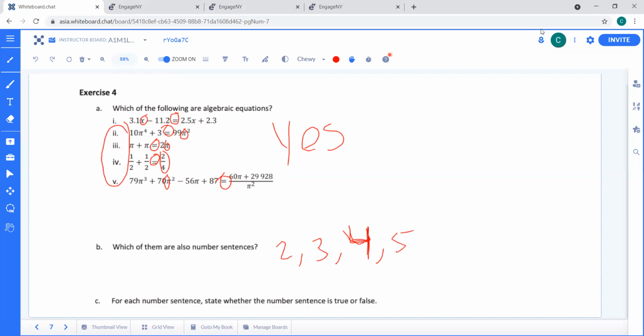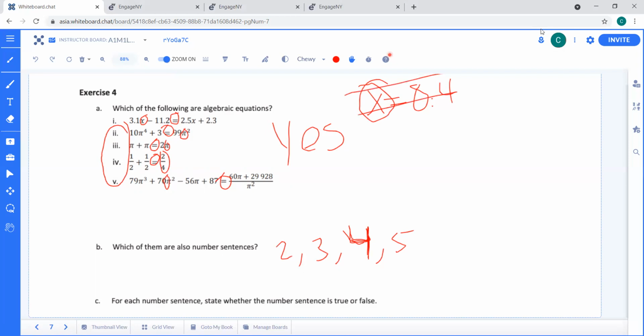And we could get an answer. Now, x, we don't know what x is. The best we could do is find out what x is, but that still would just be something like x is equal to, for example, 8.4. That's not a statement. It's not a number sentence. So 1 is not.